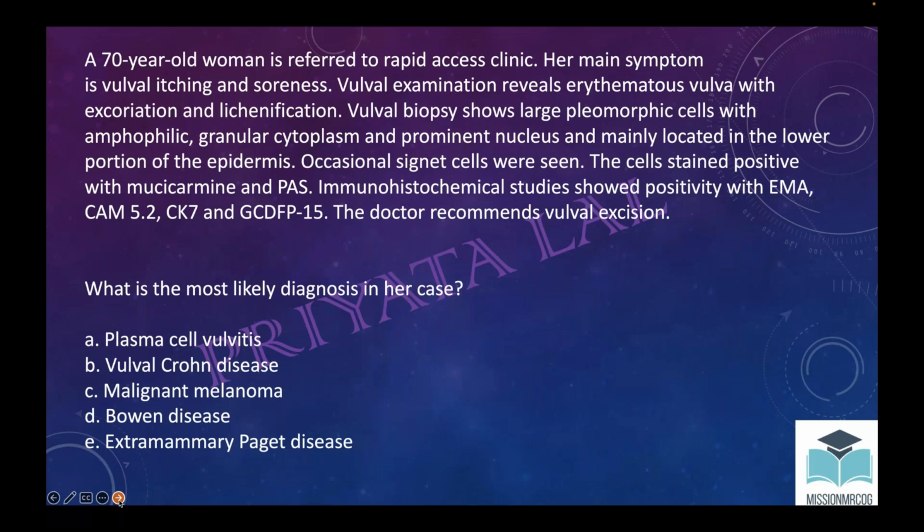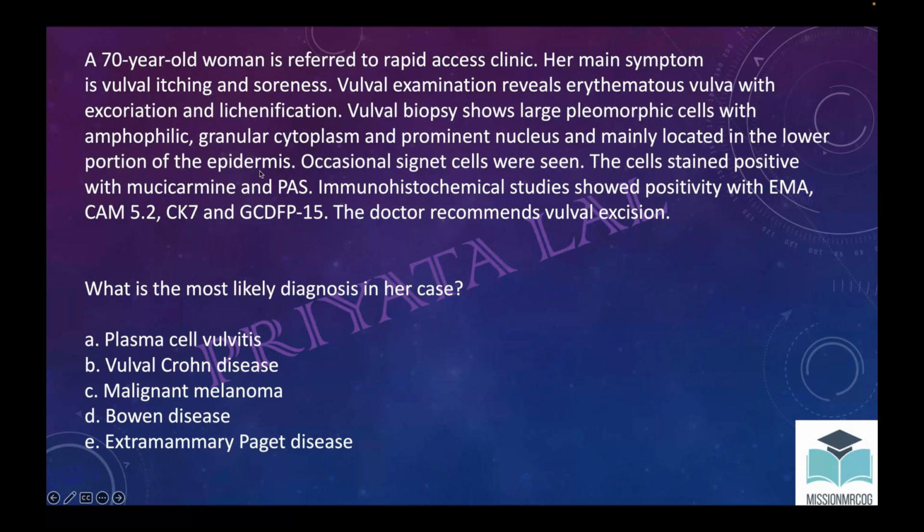Okay. Now a 70-year-old woman comes to the rapid access clinic with complaints of vulval itching and soreness. Vulval examination shows an erythematous lesion with excoriation and lichenification. Vulval biopsy shows large pleomorphic cells with a prominent nucleus located in the lower portion of the epidermis. Some occasional signet cells are seen.